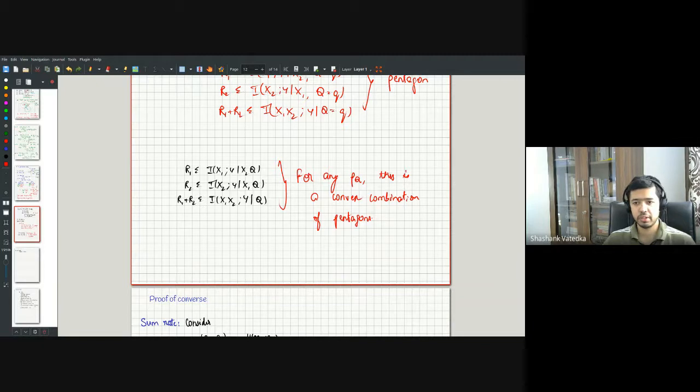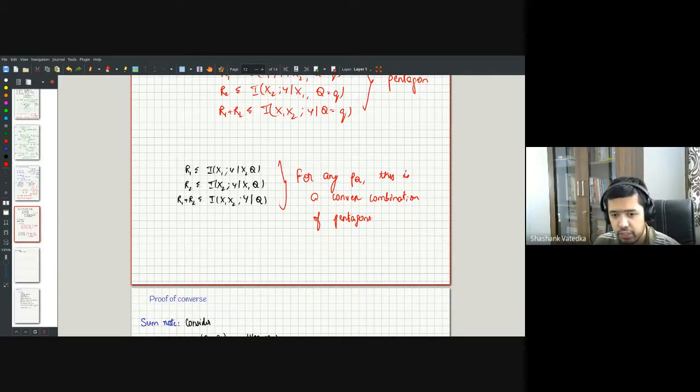So in the achievability part, we showed that some particular region is achievable. So every point in some region is achievable. For the converse, we're going to show the same, but the way we describe this rate region is slightly different. Earlier, we showed that any point within a pentagon is achievable, and therefore any point in the convex combination of pentagons is also achievable just by the time sharing argument. Right?